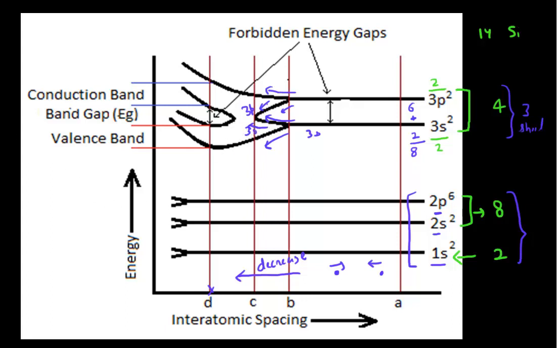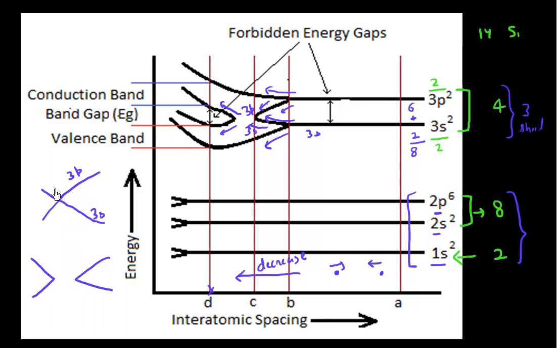But this doesn't happen, as you can see in this picture. You suddenly move from the condition where they're approaching in energy to the condition where they're already separated. So instead of having this overlap, you get something like this, where suddenly these states come close to each other and then they separate out.